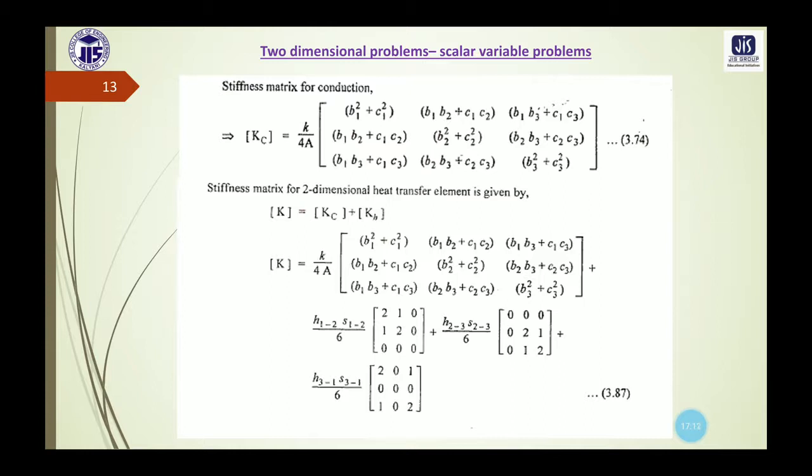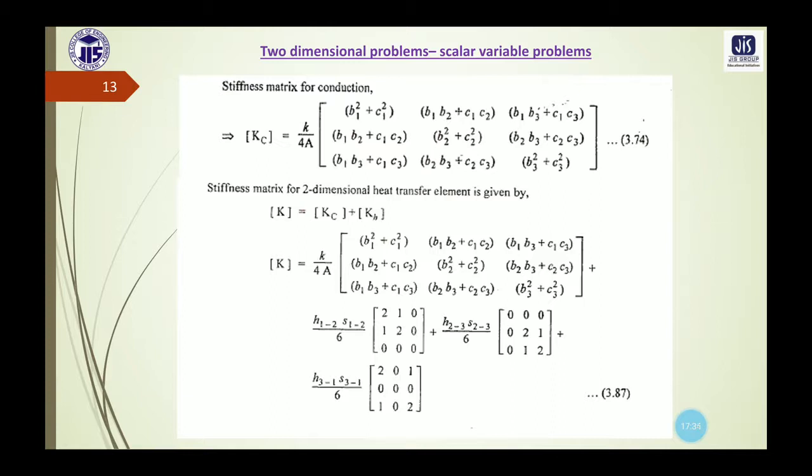For convection we have H12 S12 divided by 6 multiplied by a 3 by 3 matrix, then H23 S23 by 6 multiplied by a 3 by 3 matrix, plus H31 S31 by 6 multiplied by a 3 by 3 matrix.